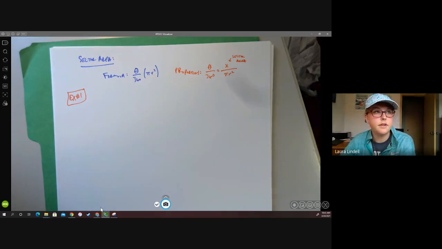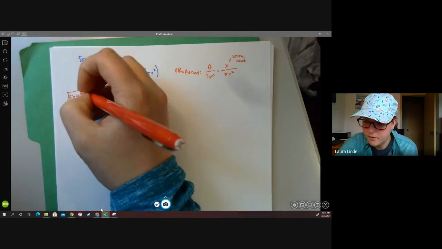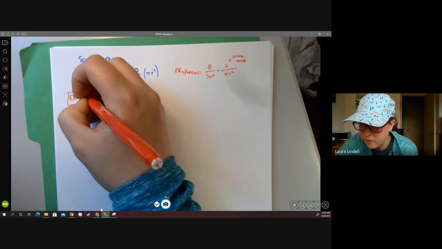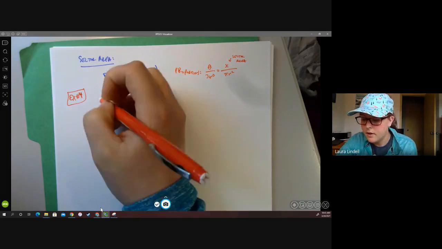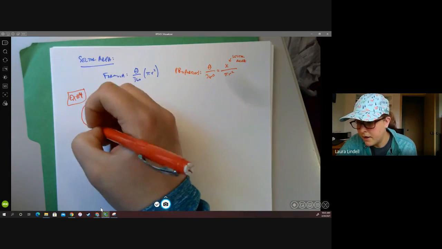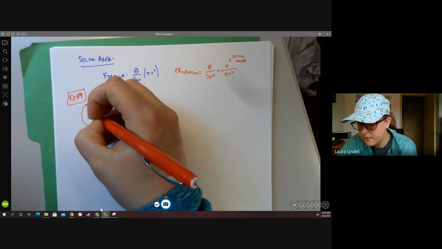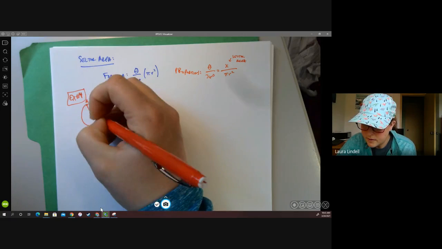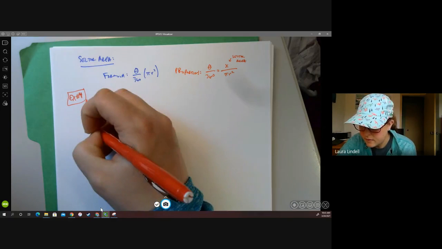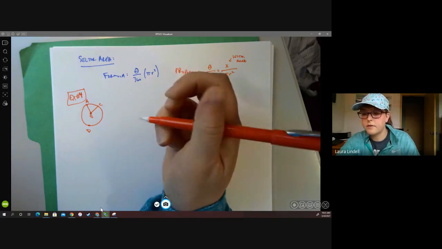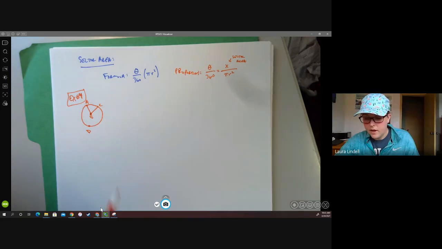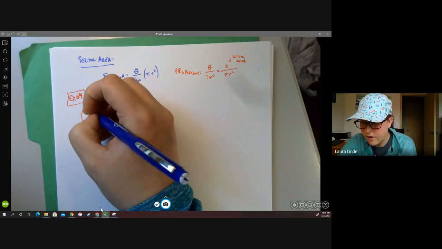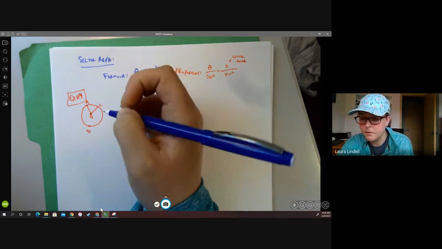First sector area example, or I guess we'll call it example 4 since that's what we're on overall for the day. So same idea, we've got a picture here. Okay, and a lot of times with sectors, they'll say like, what's the area of the shaded sector or something like that.